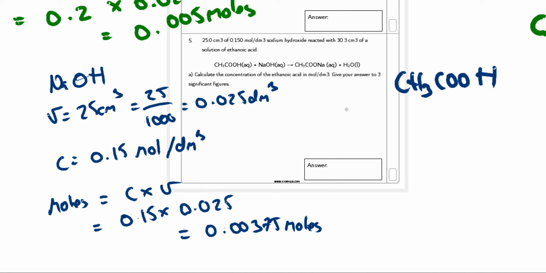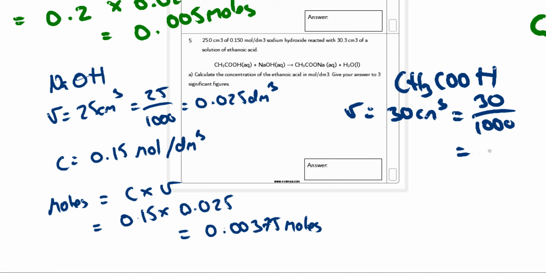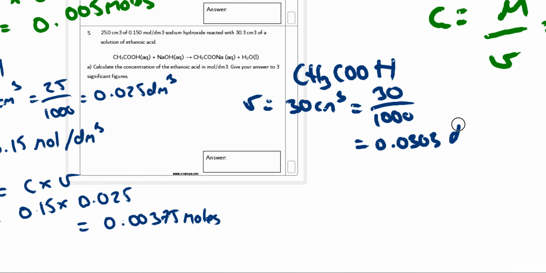So here the volume is 30 centimeters cubed, which is 30 divided by 1,000 to get us to decimeters cubed, which is equal to 0.0303 decimeter cubed. And then from here we're going to plug in our molar ratio, which is 1 to 1.